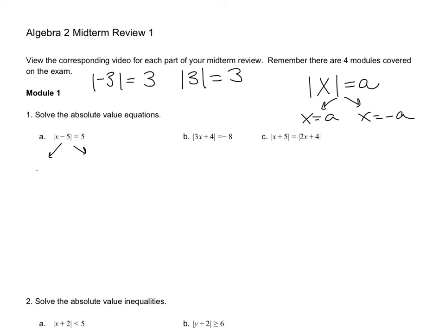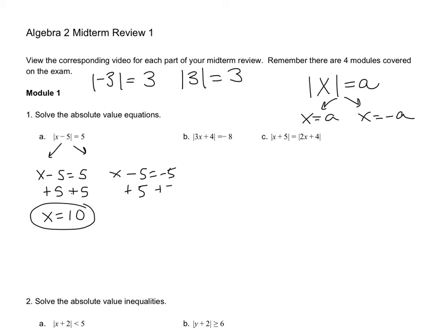So we'll split this into two equations. x minus 5 equals 5, and x minus 5 equals negative 5. We can simply solve this by adding 5 to both sides. So x equals 10. Adding 5 to both sides here, x would equal 0. So these would be the two solutions for this absolute value equation.